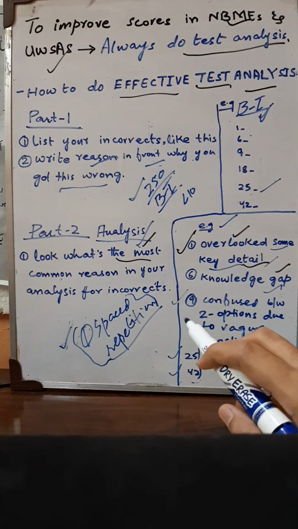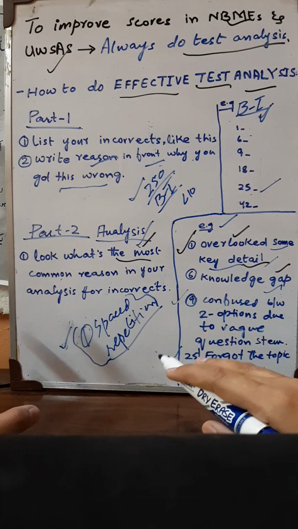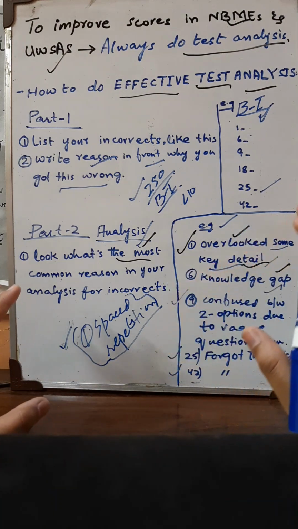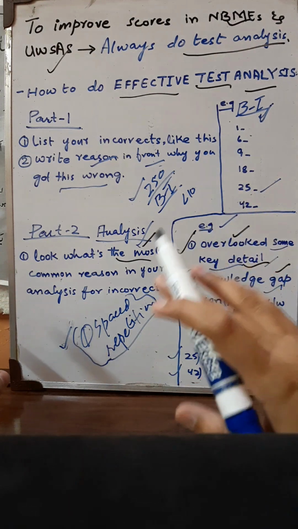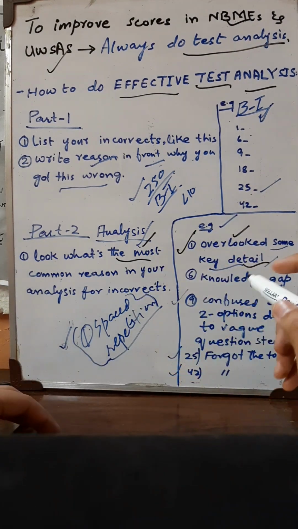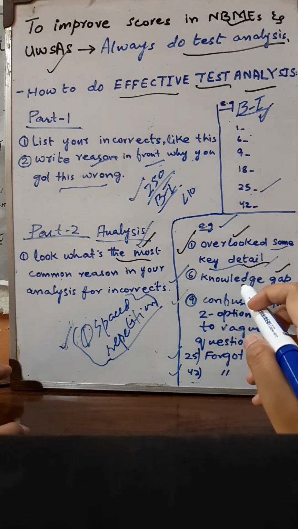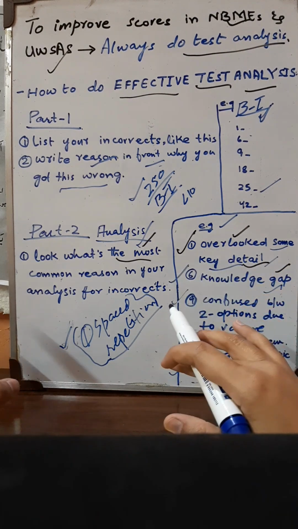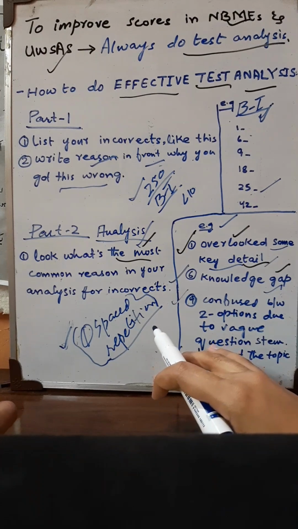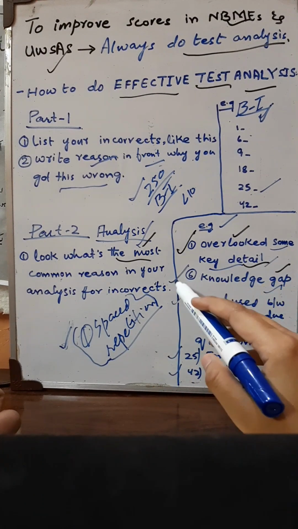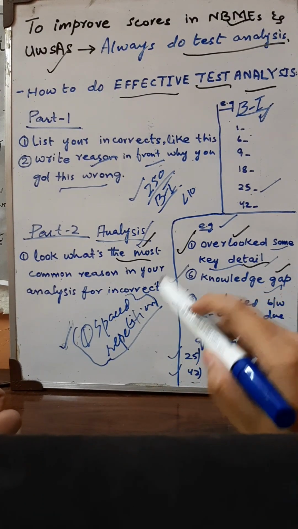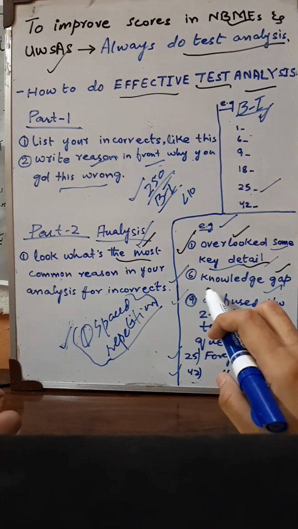Then I'll be trying to look at the fine or key details that will help me to determine why the whole information was favoring one option rather than the other, right? And in question number 6, I had the knowledge gap. I didn't know the topic. I never have heard about that. So I'll see what knowledge gap specifically got me the question wrong.